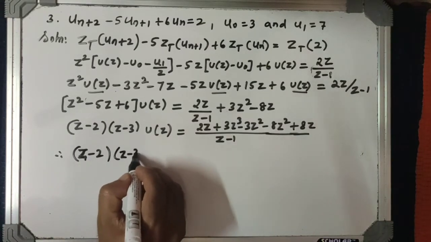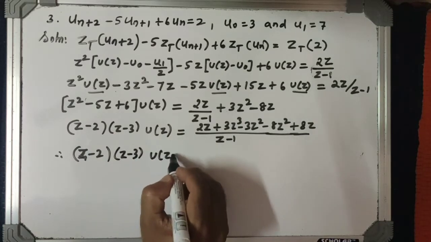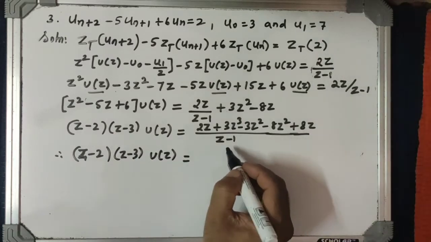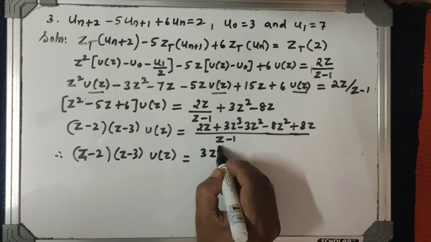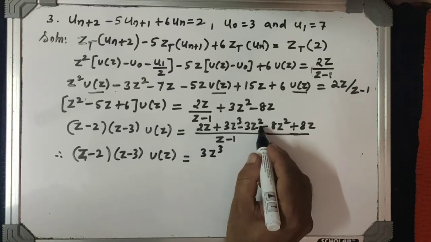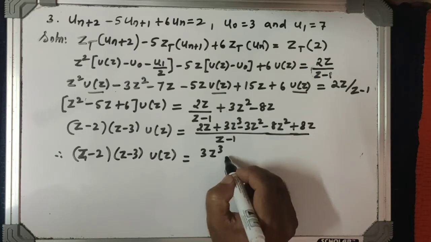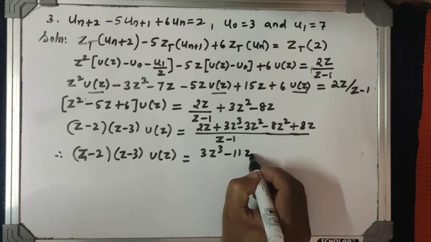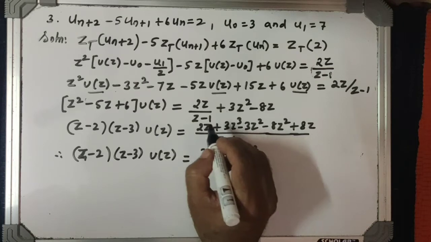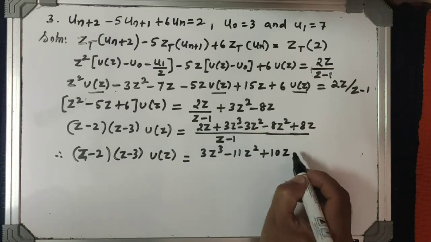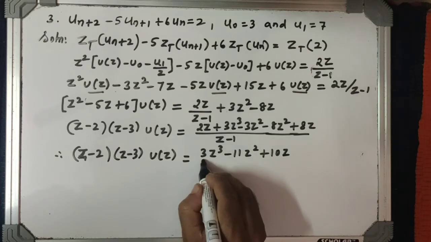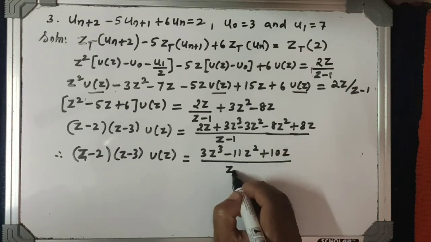So z minus 2 into z minus 3 into U(z) will be equal to, writing the highest power first, 3z cube, then z square minus 8z square is minus 11z square, then 8z plus 2z is 10z, so the whole divided by z minus 1.